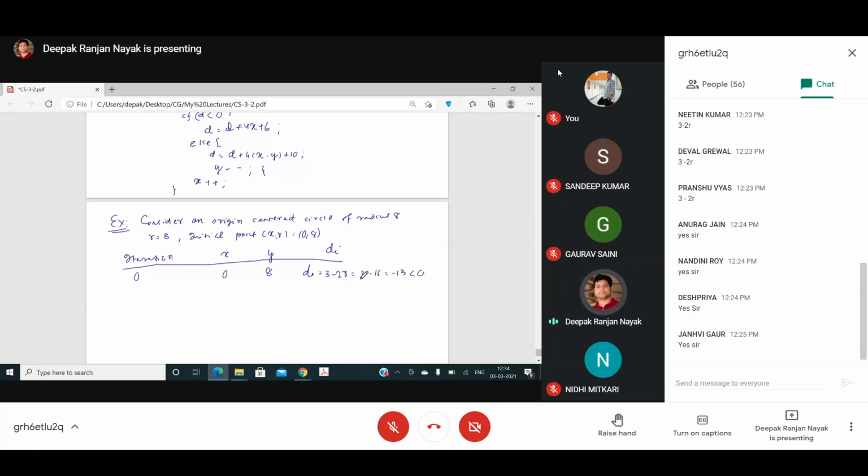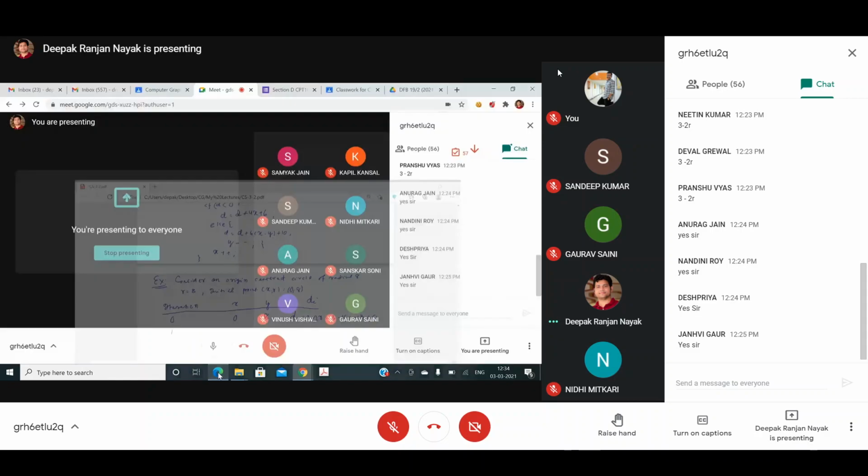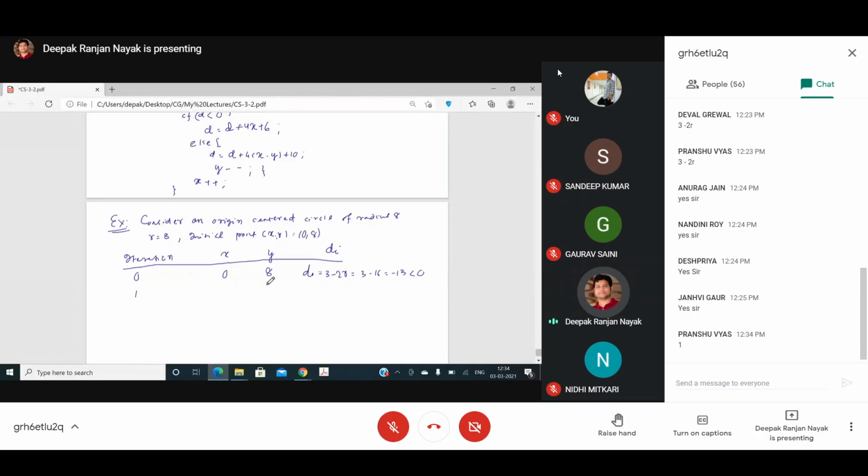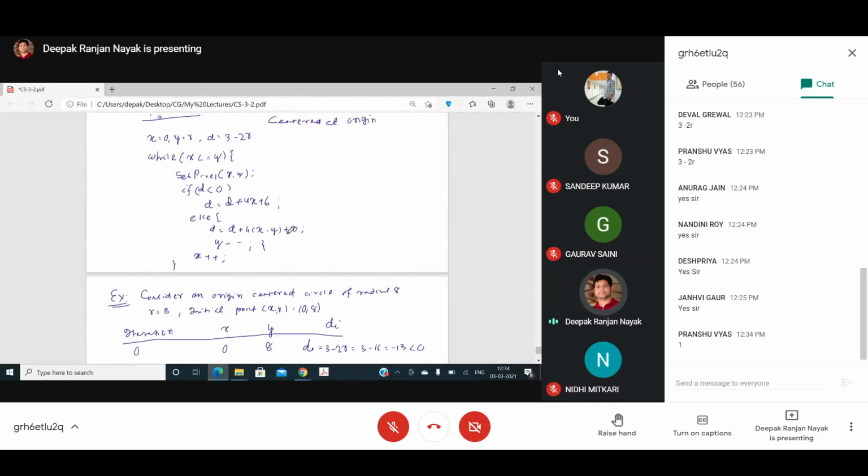So if the d value is less than 0, then for the next iteration, what will be my x value and my y value?